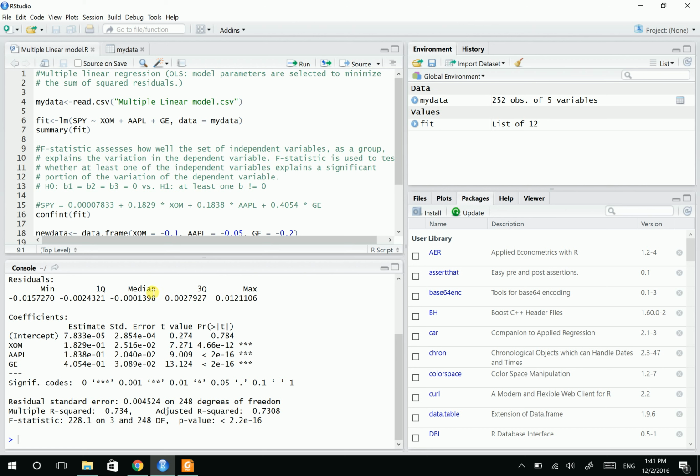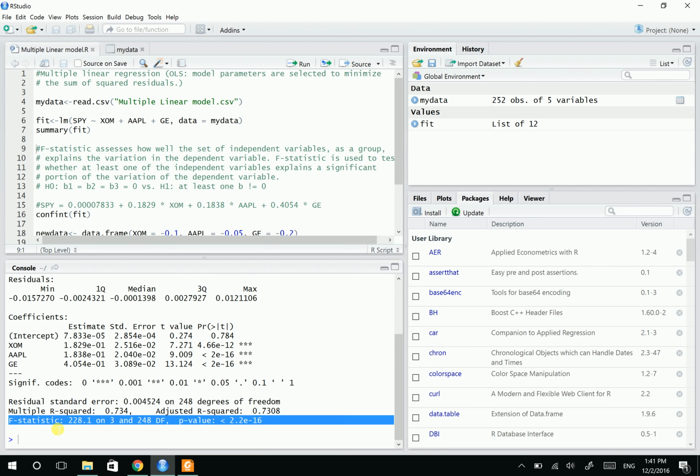So look at the residuals, the minimum and the maximum, positive and negative. You can see it is quite small, right? It's only 0.01, 0.012. So it's quite small, and I bet OLS did a great job.